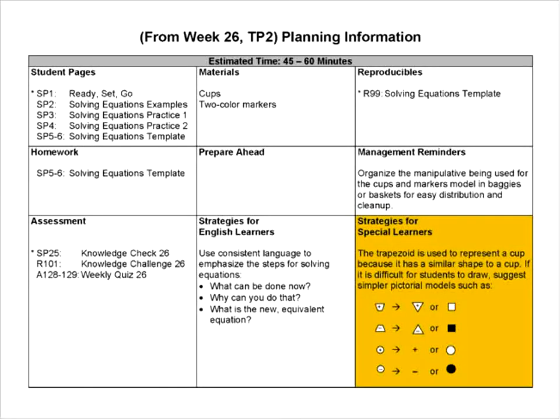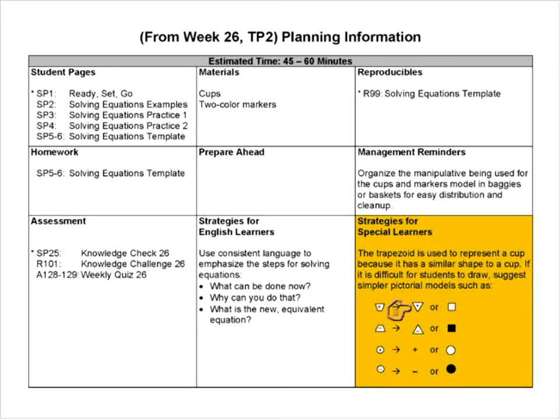There's also a strategy for special learners on your planning information page about making simpler drawings to represent cups and markers. So I'm just going to read it real quick here. It says that the trapezoid is used to represent a cup because that's a similar shape to a cup, right? But sometimes it's difficult and they can get sloppy or it's time consuming or whatever. And so we try to suggest different alternatives to drawing the little cups.